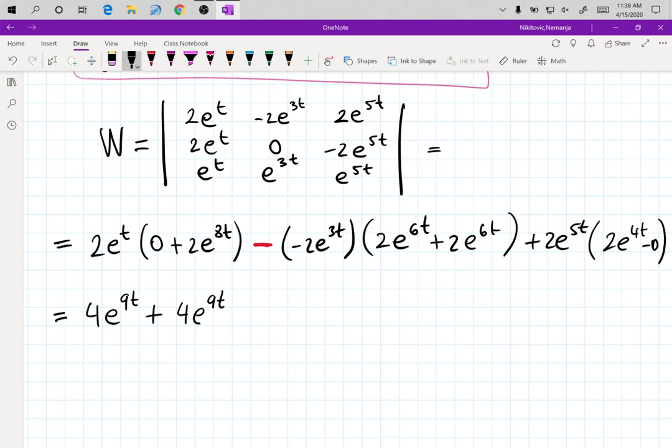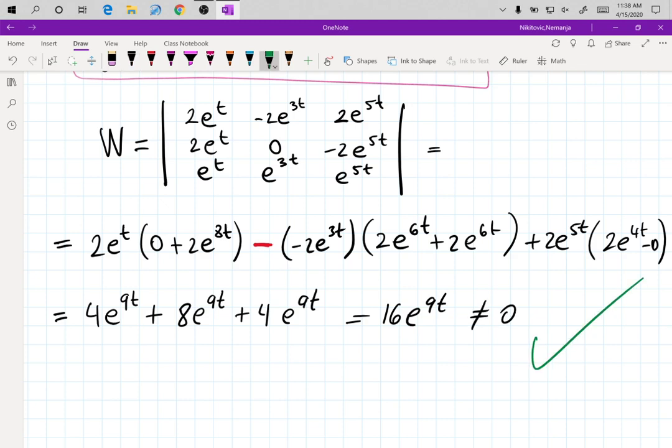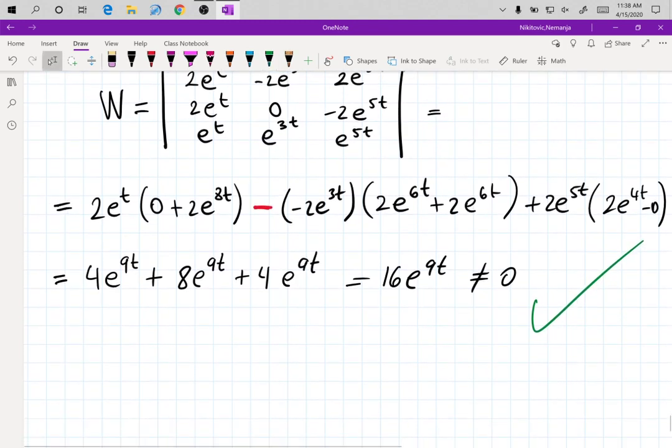Oh, 2 plus 2 is 4 times 2, that's just 8. Right, these two are 4, and then times another 2 is 8. And then plus another 4e to the 9t for a total of 16e to the 9t, different than 0, so independence, yes. Woohoo! So the solutions are independent.